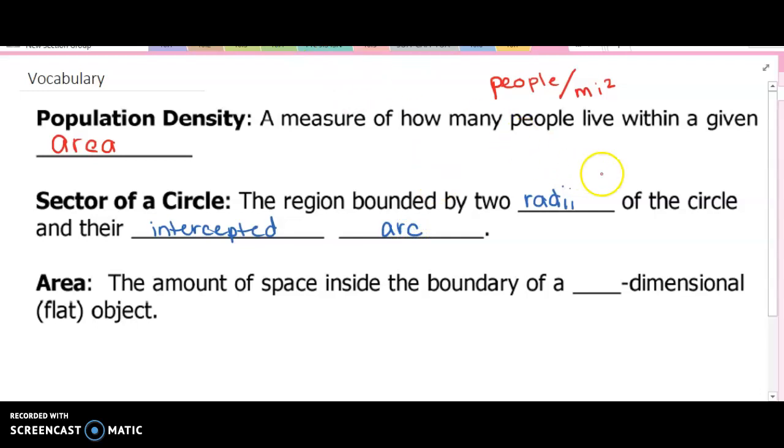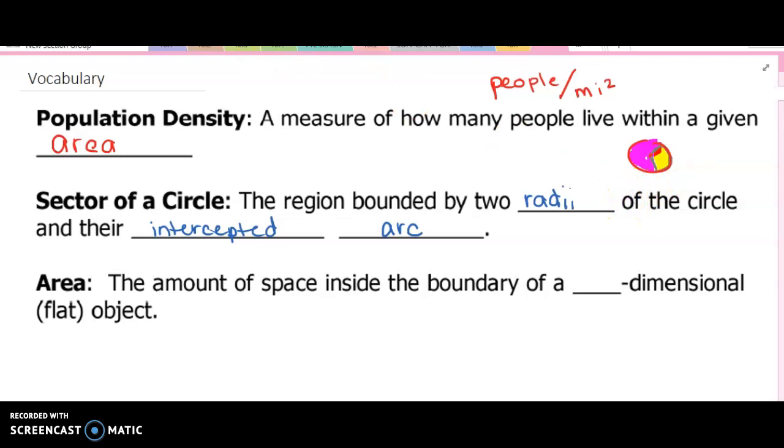If I have a circle here, I want two radii, so here's a radius and here's a radius, and they have intercepted arcs. When I do that, I have two sectors of this circle. I have this sector here, which is the region bounded by those. That'd be the general sector you're talking about, but it also creates this bigger sector here. So we're basically cutting the circle apart.